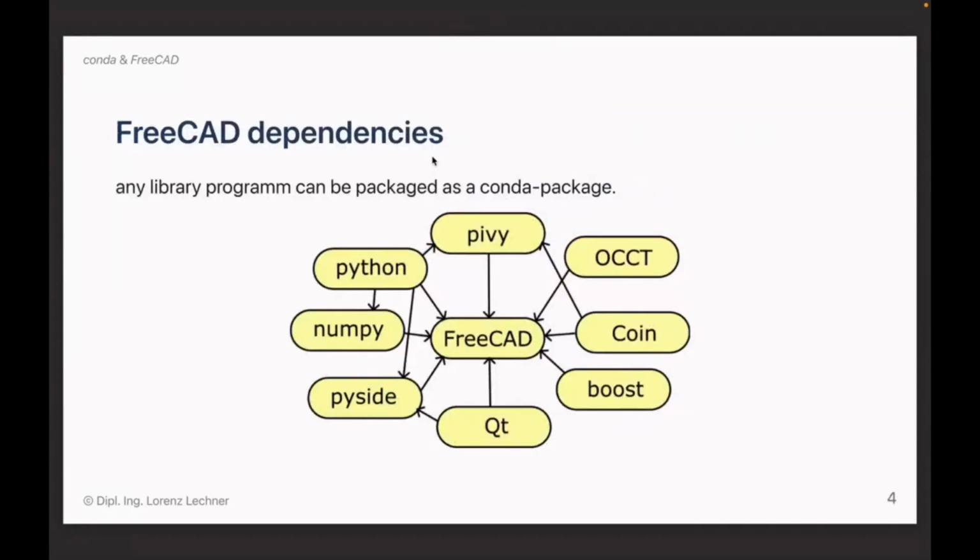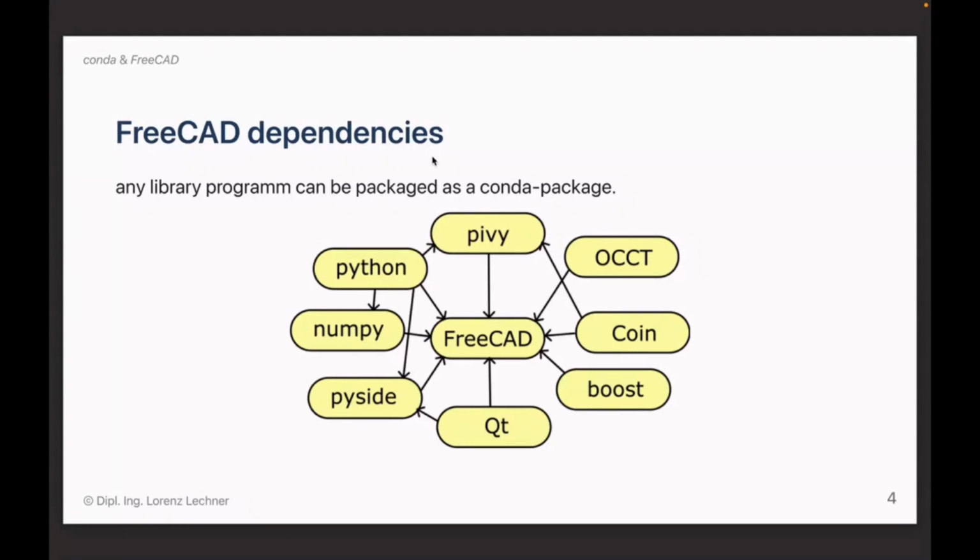So first, I want to start with a little graph which should explain the dependencies of FreeCAD. Here are the main dependencies. There are more, but this is only an illustration to get some feeling for what a package manager does.